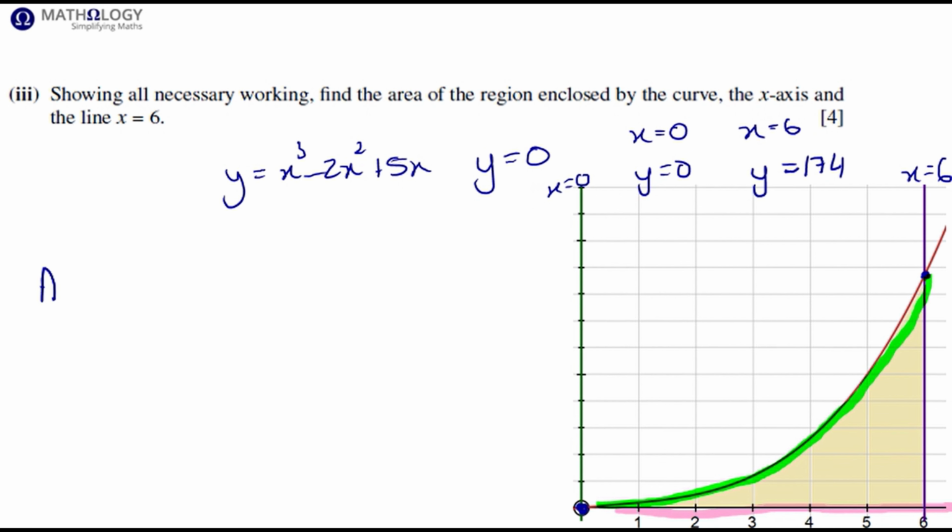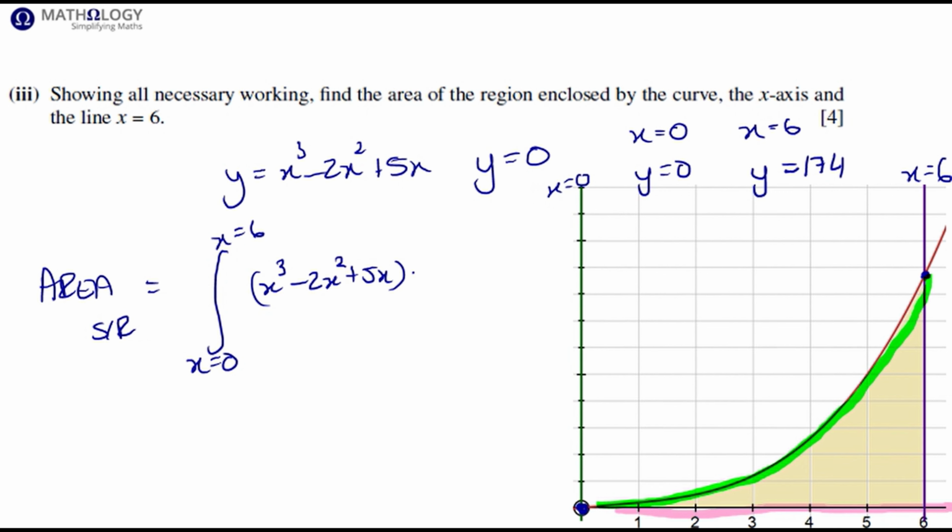So to find the area of the shaded region, we will be integrating from x equals 0 to x equals 6. The top curve minus the bottom curve will be x cubed minus 2x squared plus 5x minus 0. So it's just going to be x cubed minus 2x squared plus 5x, and we're integrating with respect to x.